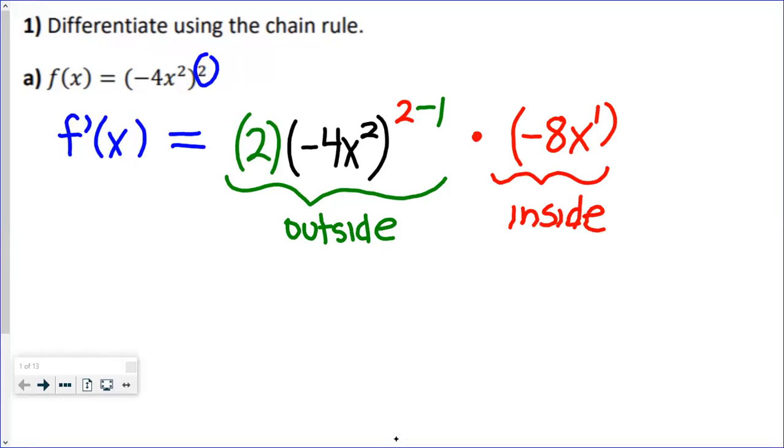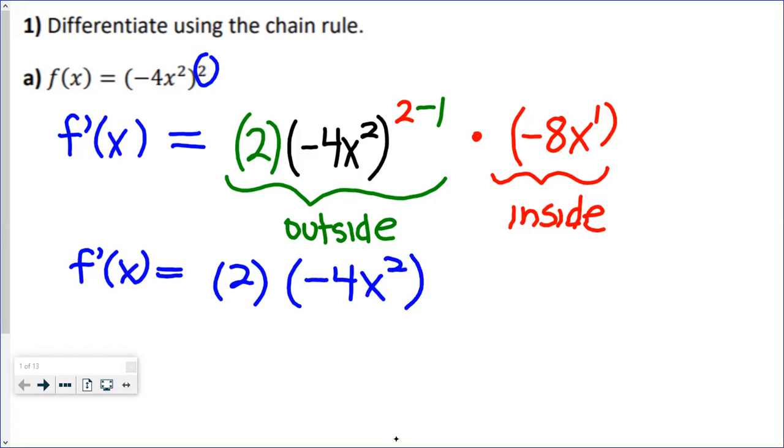Now, if I was given a specific value of x, I could just substitute the expression right here. But what I'm going to do instead is simplify as much as possible. First, I want to get rid of my powers that need to be subtracted. So 2 times negative 4x squared to the power of 1 times negative 8x to the power of 1.